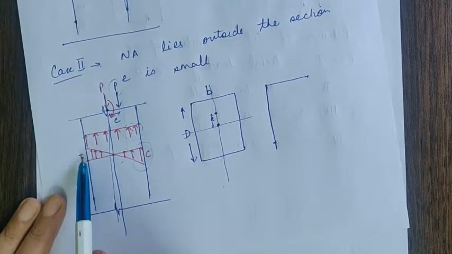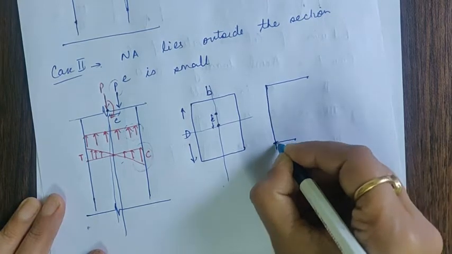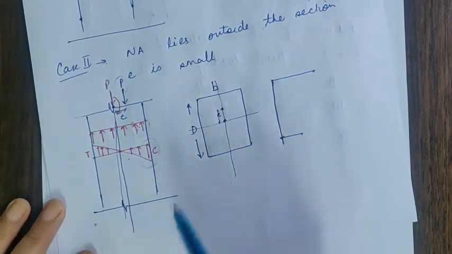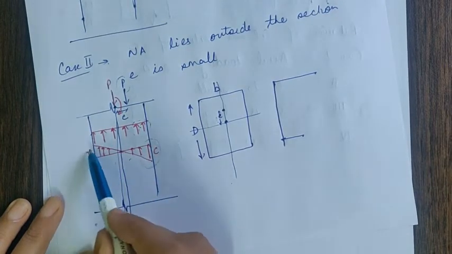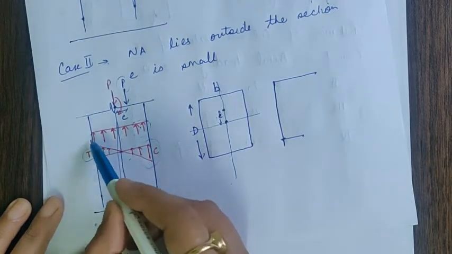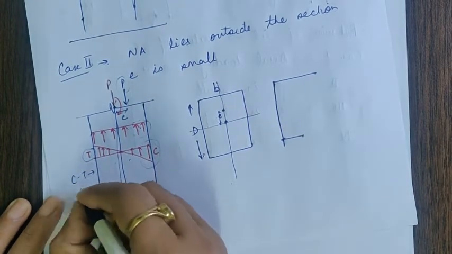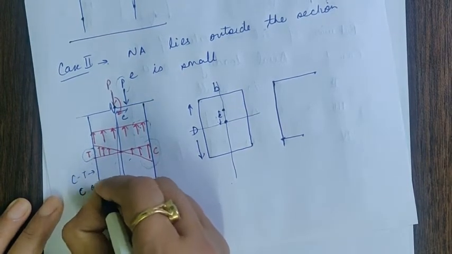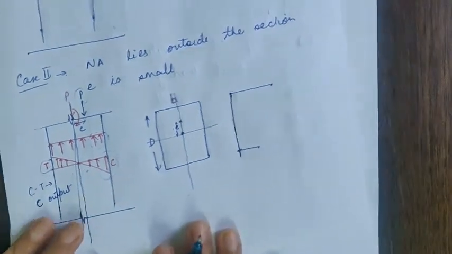So net compressive minus tensile, there will be some strain on this edge. Because we are considering eccentricity is small, the moment formed will be small, and the tensile strain will be small. So net strain on this side, C minus T, will have C output, so net strain on this side will be compressive.